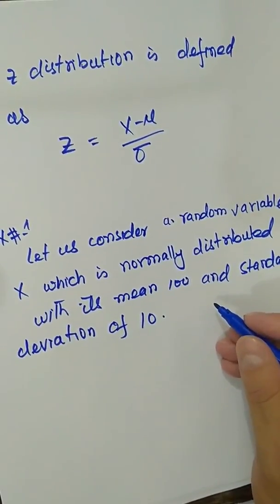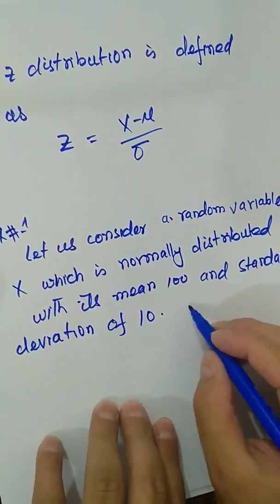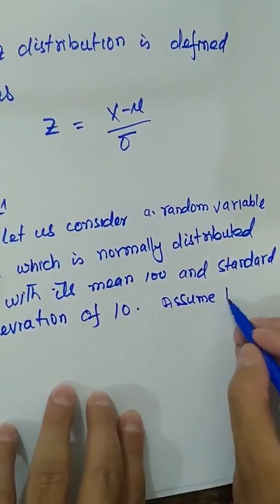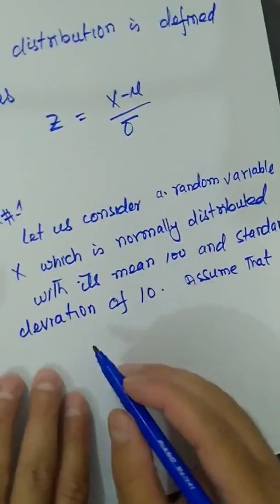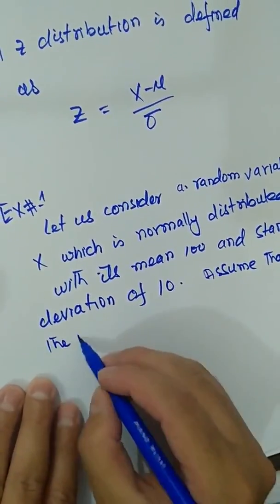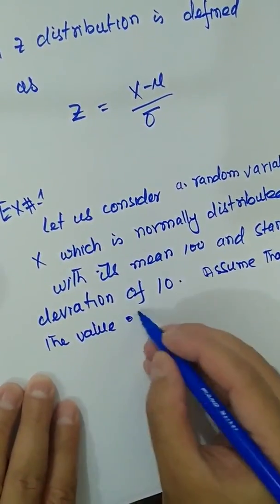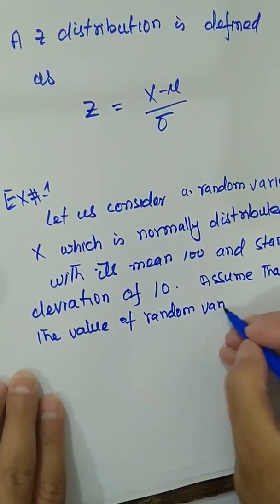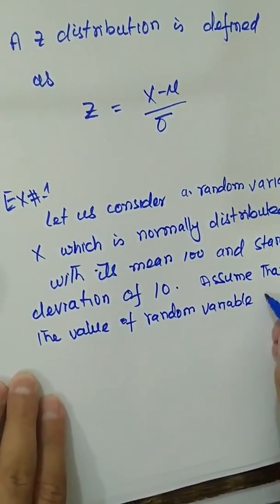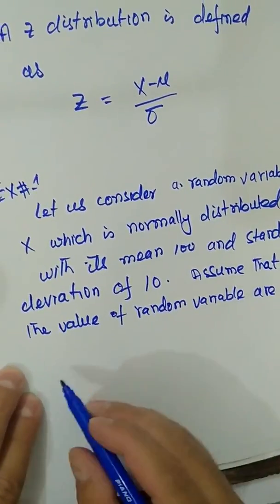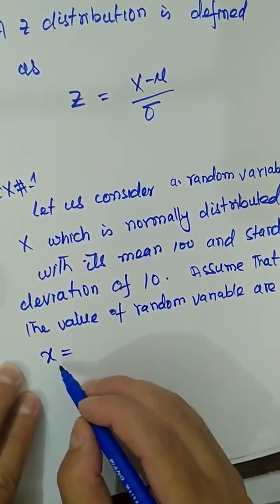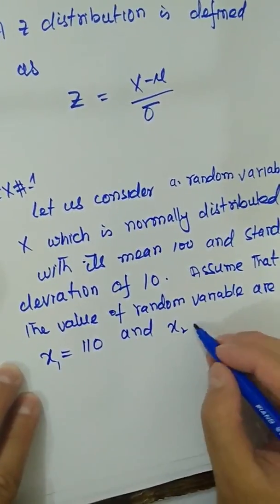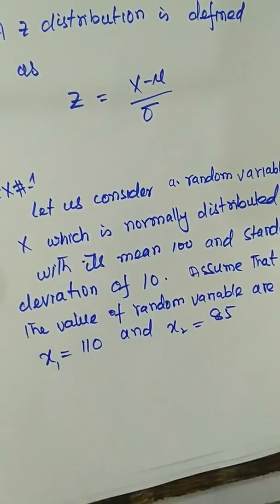Assume that the values of this random variable are x1 equal to 110 and x2 equal to 85.